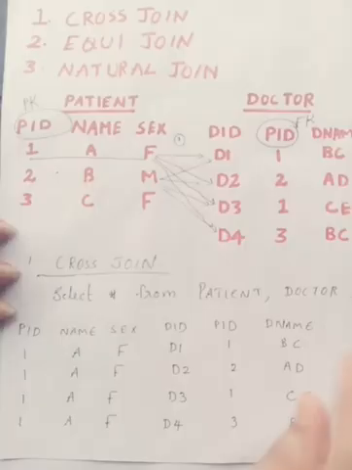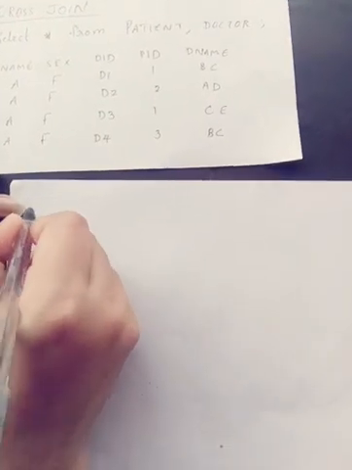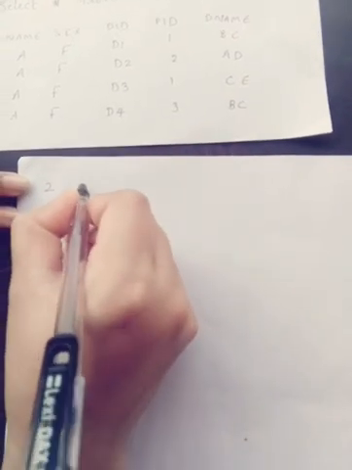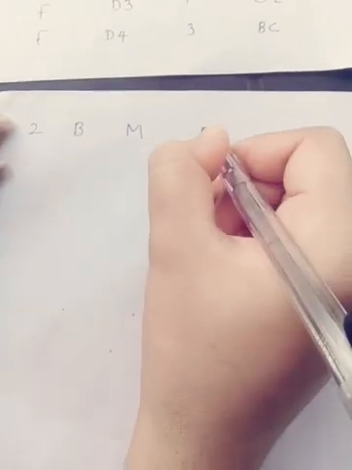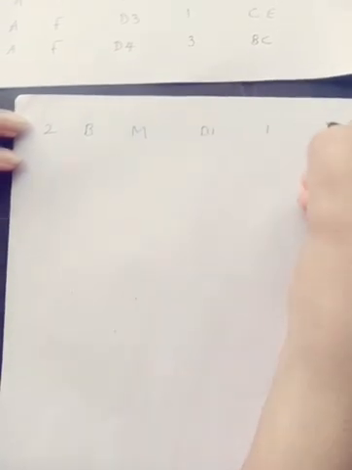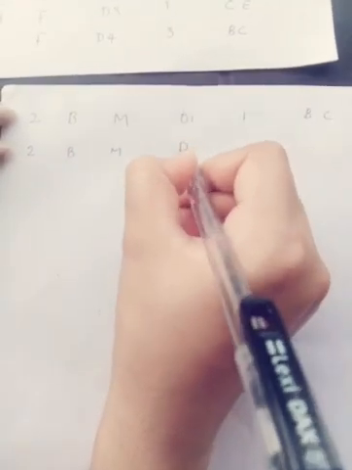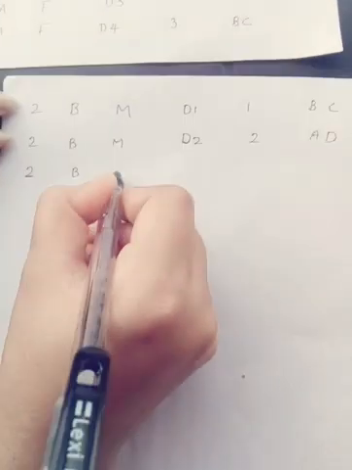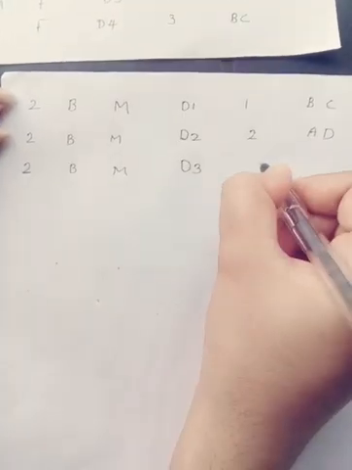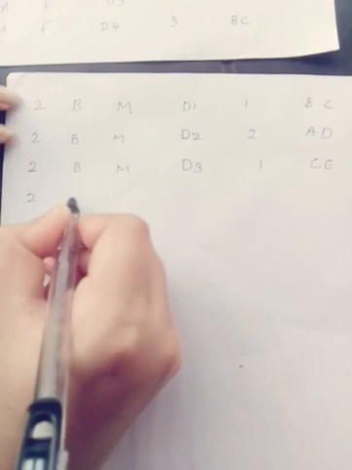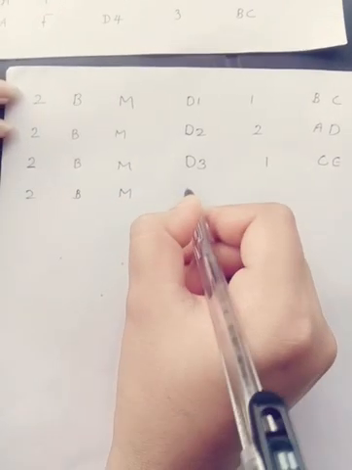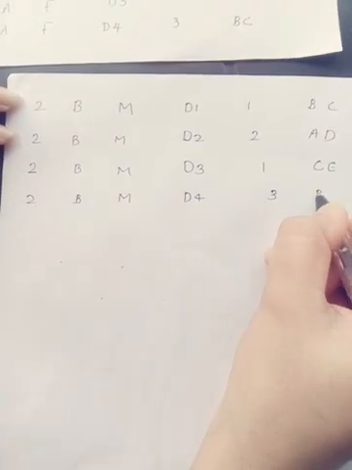Again it starts with the second row: 2 B M D1 1 BC, 2 B M D2 2 AD, 2 B M D3 1 CE, 2 B M D4 3 BC.